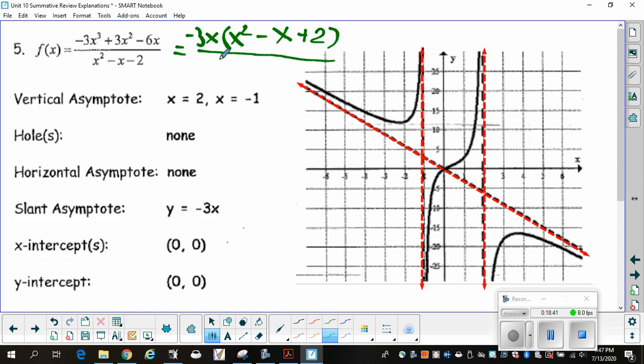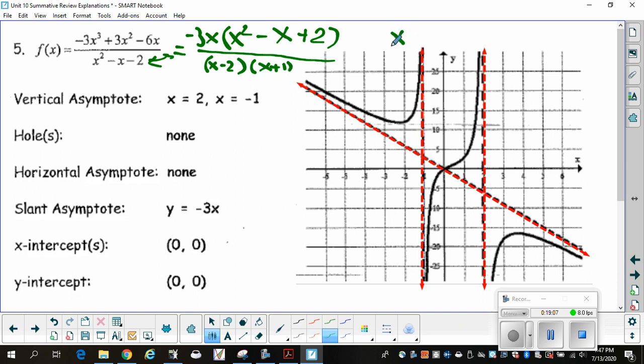And in the denominator, we've got x squared minus x minus 2. And if we factor that, we're going to get x minus 2 times x plus 1. Notice that these two are the same, x squared minus x minus 2, x squared minus x minus 2. I just factored it here. Now, what does that tell us?